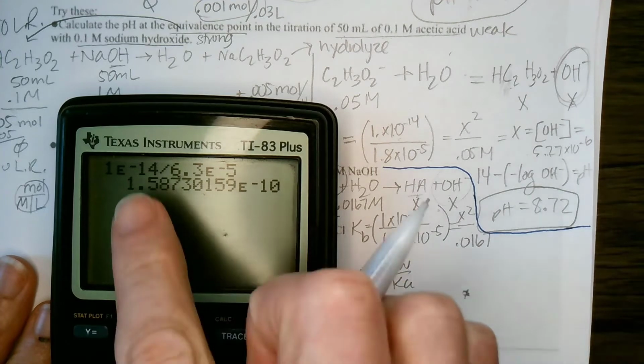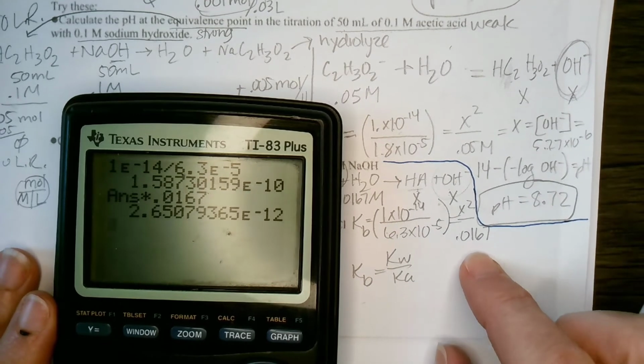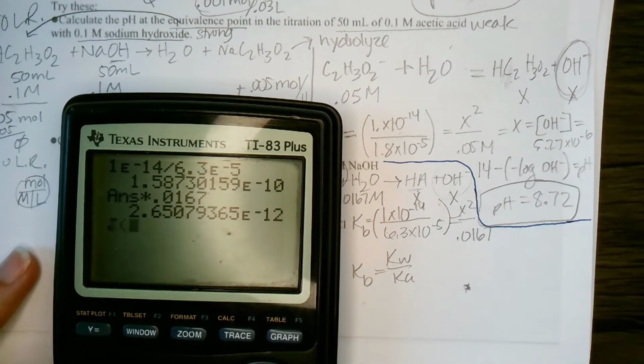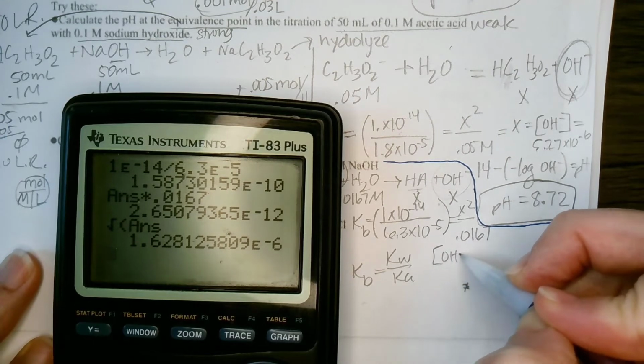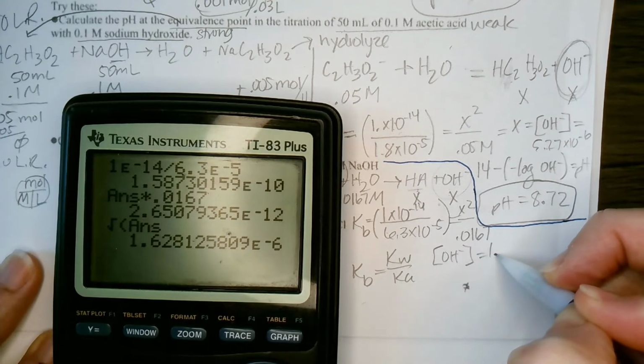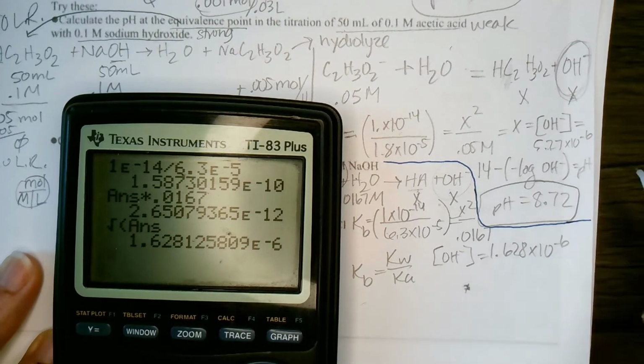So that times 0.0167 is equal to x squared. Let's square root my answer, and I get an OH concentration of 1.628 times 10 to the negative 6.